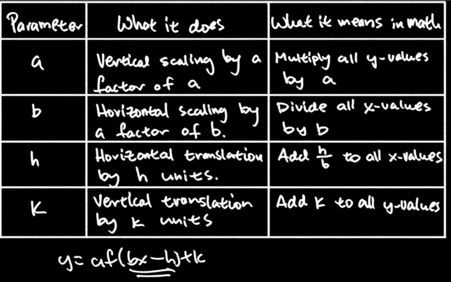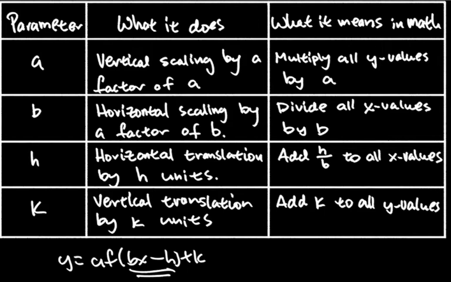You might be wondering why you have to divide by B. Essentially because you're multiplying all the x values by B, the graph is going to compensate by dividing all its x values by B so that everything will scale correctly. You can just do a few examples for yourself to see how that works and why it works. I just don't want to do that here because it's going to take a lot of time.